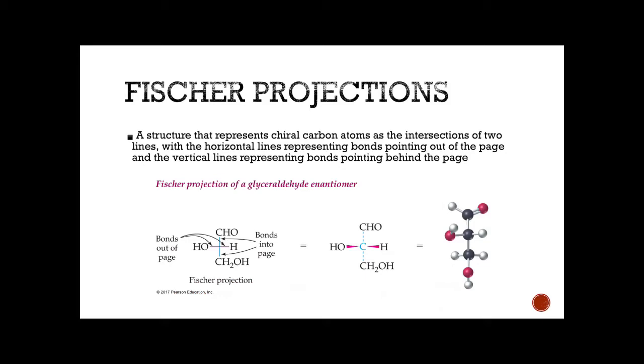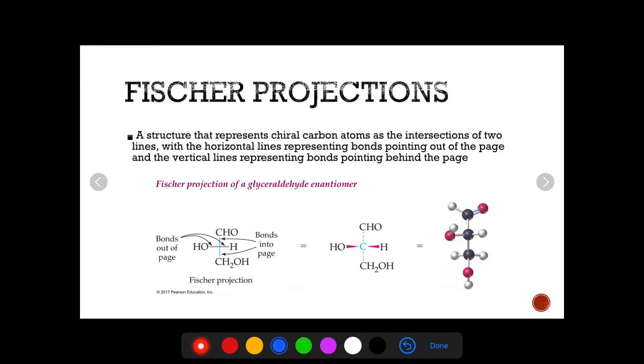Okay, a Fisher projection is drawn with vertical and horizontal lines, and they represent the carbon chain. So the Fisher projection here is right here. Okay, and so again, the aldehyde is always at the top, and the CH2OH is always at the bottom.